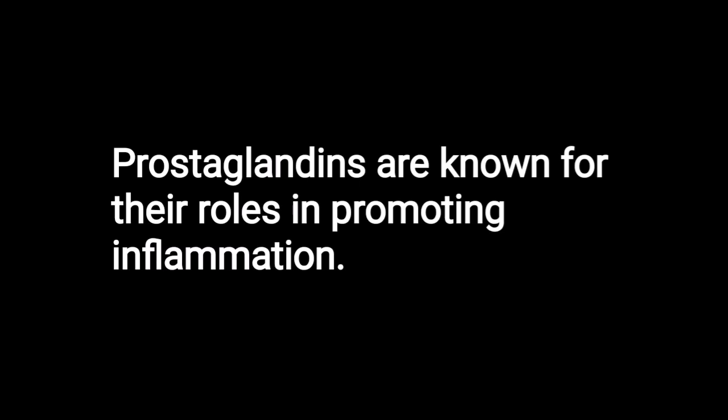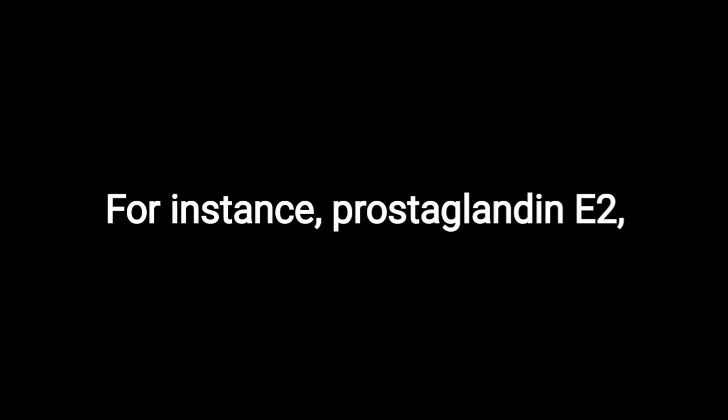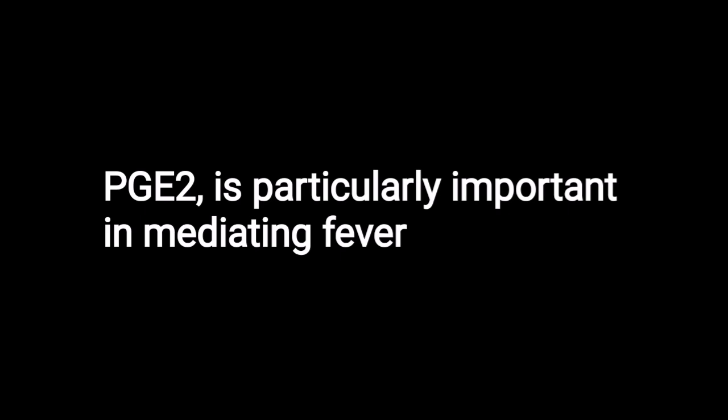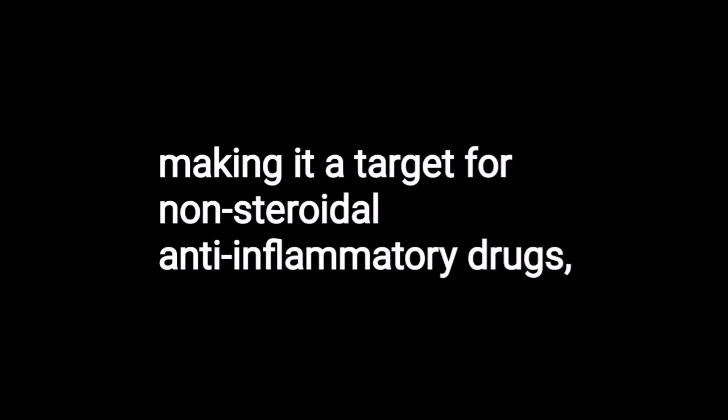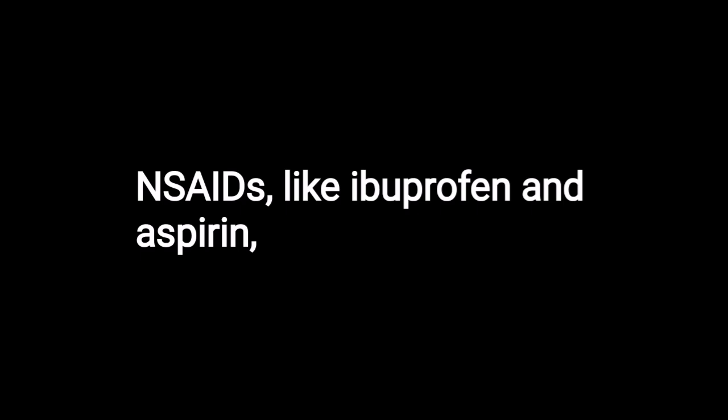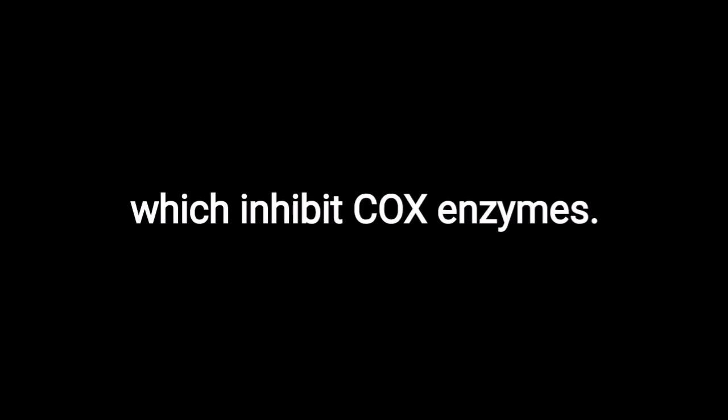Prostaglandins are known for their roles in promoting inflammation, regulating blood flow, and inducing pain and fever. For instance, prostaglandin E2, PGE2, is particularly important in mediating fever and pain responses, making it a target for non-steroidal anti-inflammatory drugs, NSAIDs, like ibuprofen and aspirin, which inhibit COX enzymes.